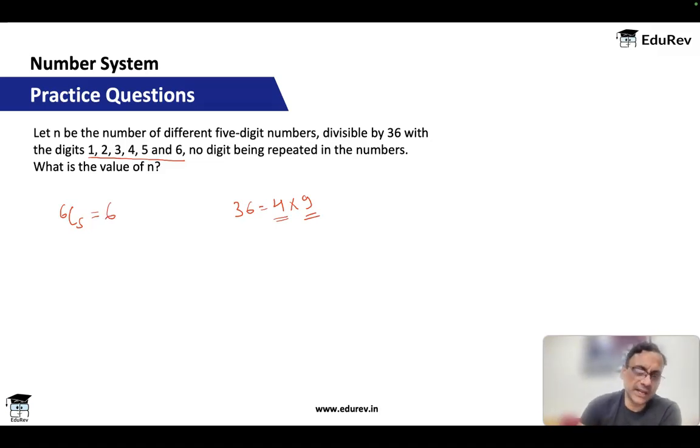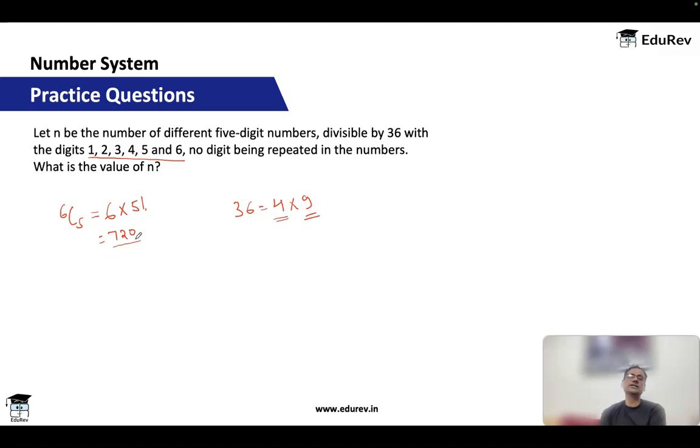Then you can arrange them because this is a number, in 5 factorial ways. So actually the number of numbers that you can form is 6 factorial, which is 720, which is obviously massive.